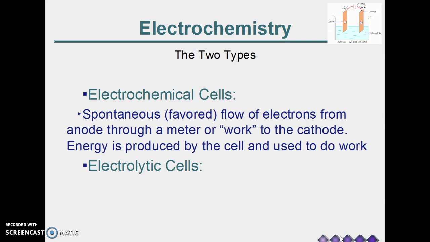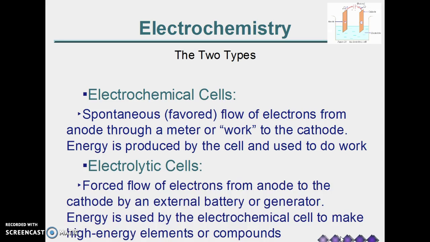The electrolytic cell is in a sense the opposite. You force a flow of electrons to go from the anode to the cathode by hooking up an external battery or a generator or an alternator like you have in your automobile. Energy is used by the electrochemical cell to make high energy elements and maybe even compounds.